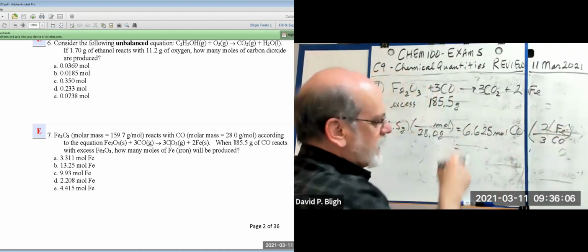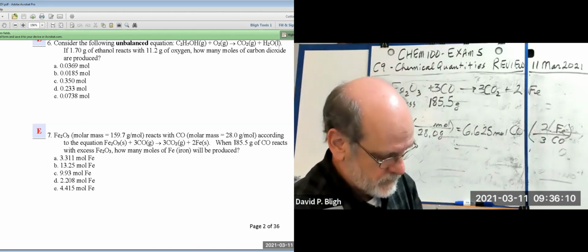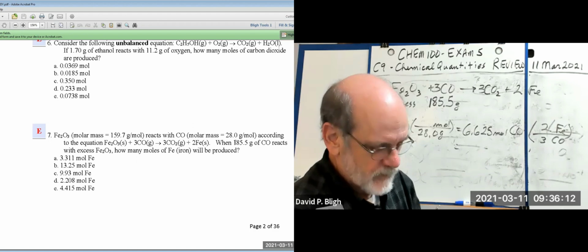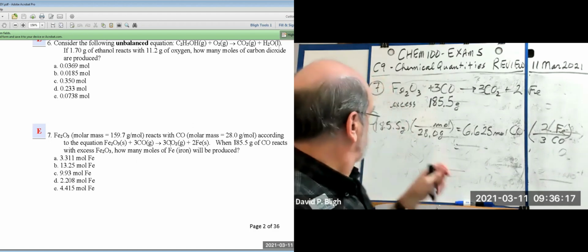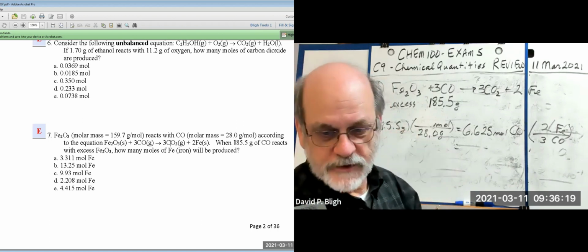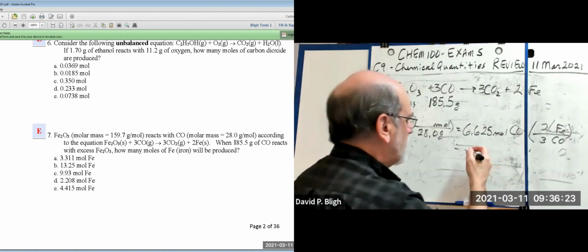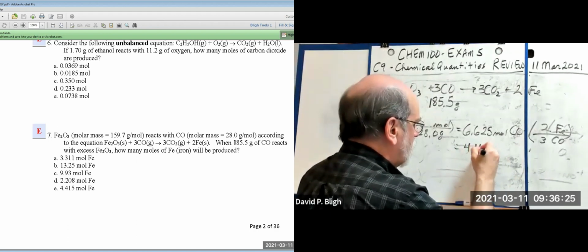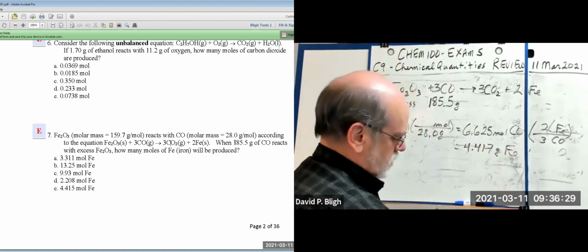So 2/3 of that number will be the moles of iron. 4.42. Wait a minute, 4 significant figures. 4.417 moles of iron.